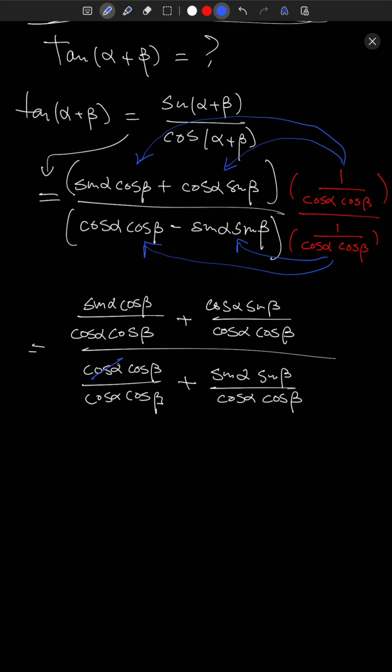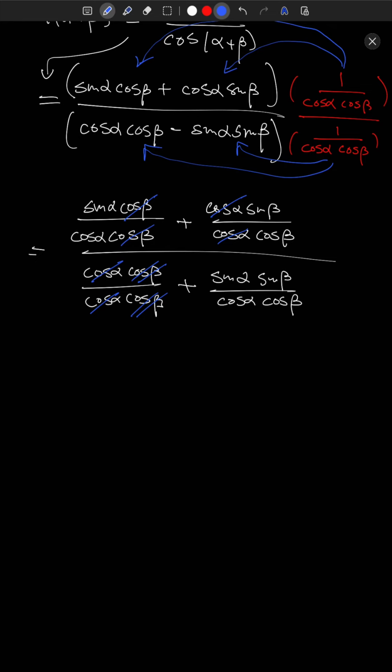The easiest one here, cosine alpha cancels with cosine alpha, then cosine beta cancels with cosine beta. Upstairs we've got cosine beta and cosine beta canceling. To the right here, we've got cosine alpha and cosine alpha canceling. And down here we have nothing canceling, all right?